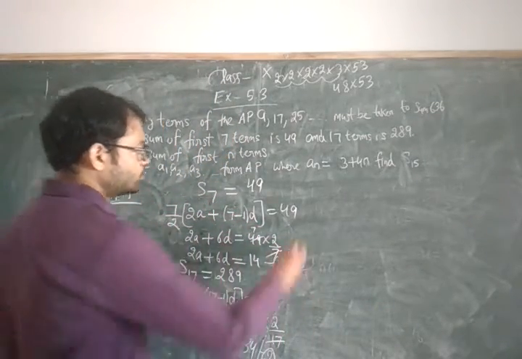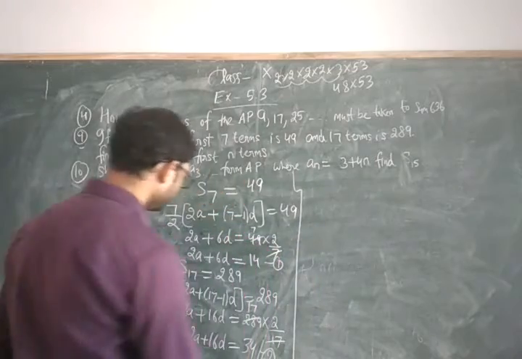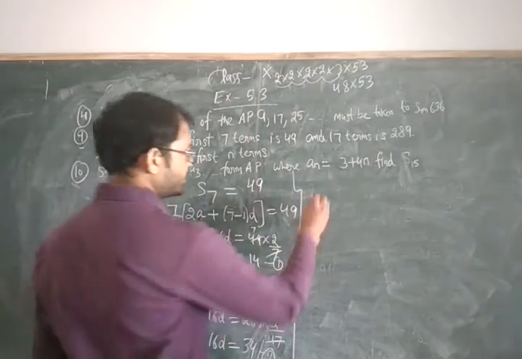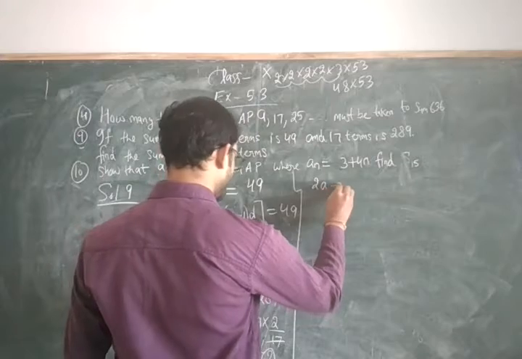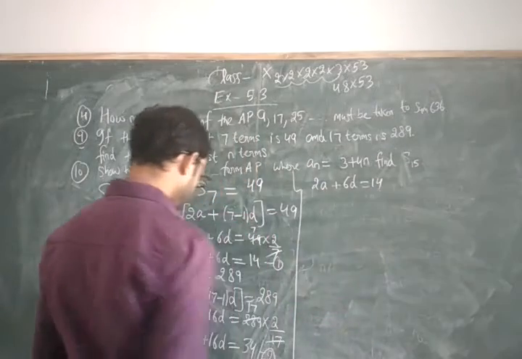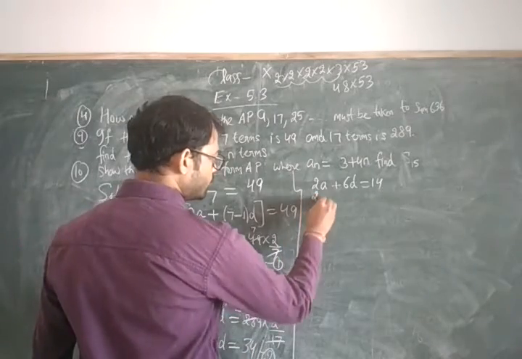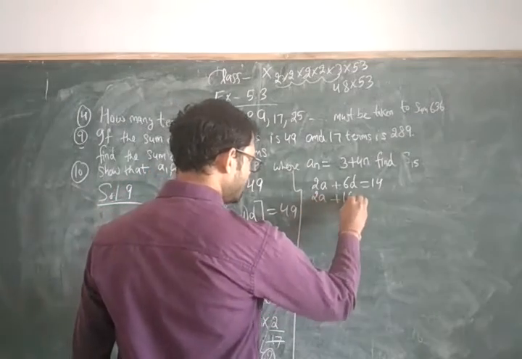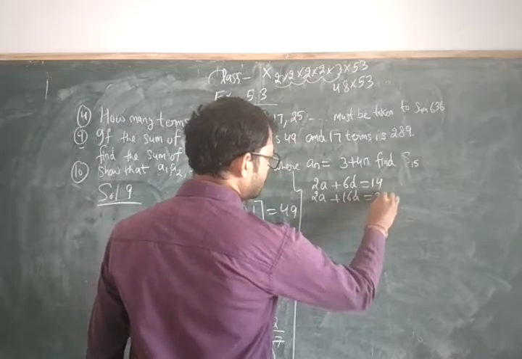So now I am using those two equations. First equation is 2a plus 6d is equal to 14, and the other one is 2a plus 16d is equal to 34.